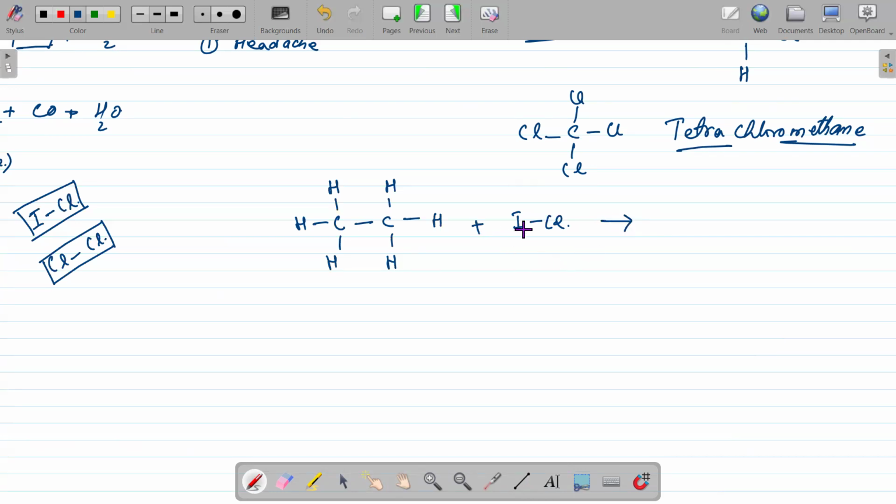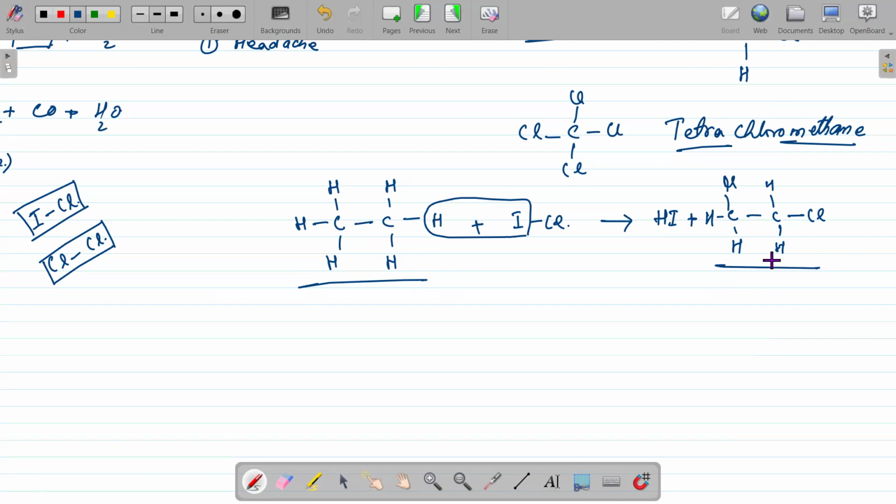As I said, one atom of the halogen molecule will take the hydrogen and we get HI, and this position of hydrogen will be occupied by the chlorine. Sometimes they give us these types of reactions to find the products.